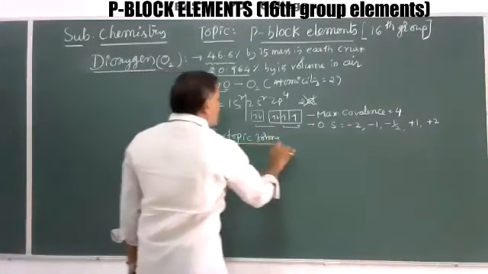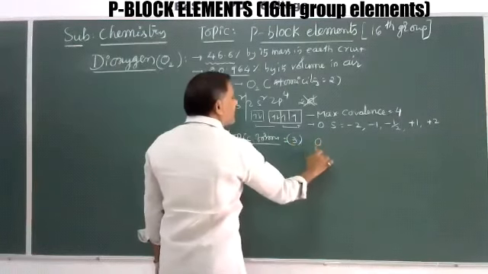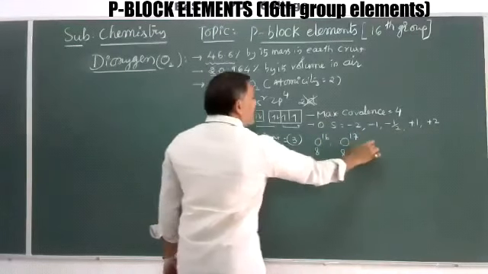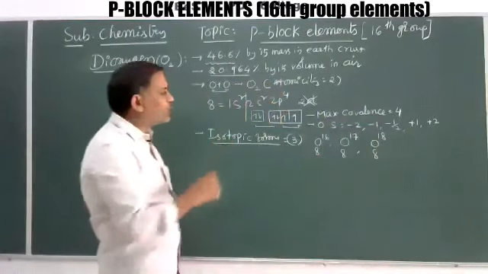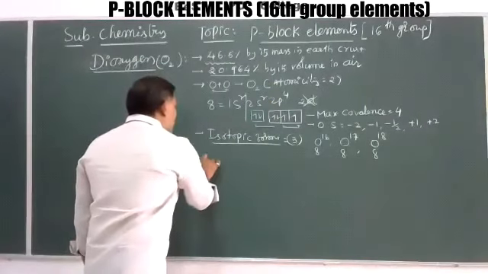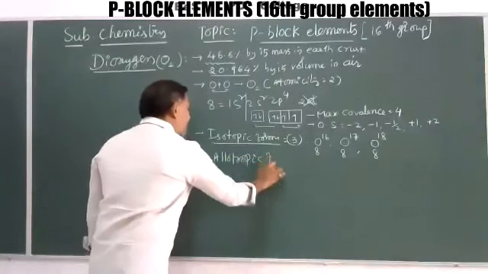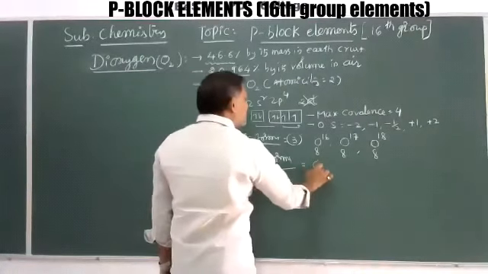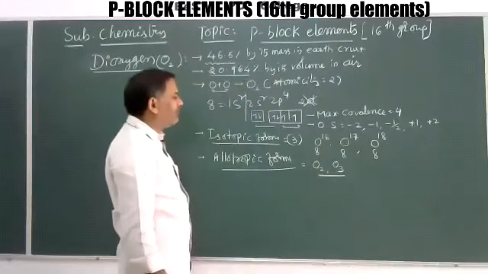Three important isotopic forms of oxygen are oxygen 8-16, oxygen 8-17, and oxygen 8-18. Then the allotropic forms of oxygen: dioxygen and O3 are the two important allotropic forms.